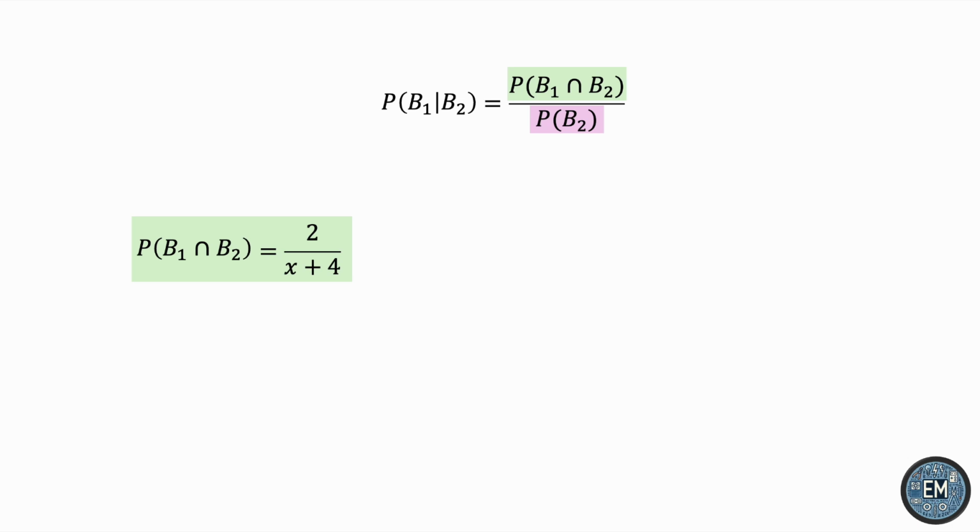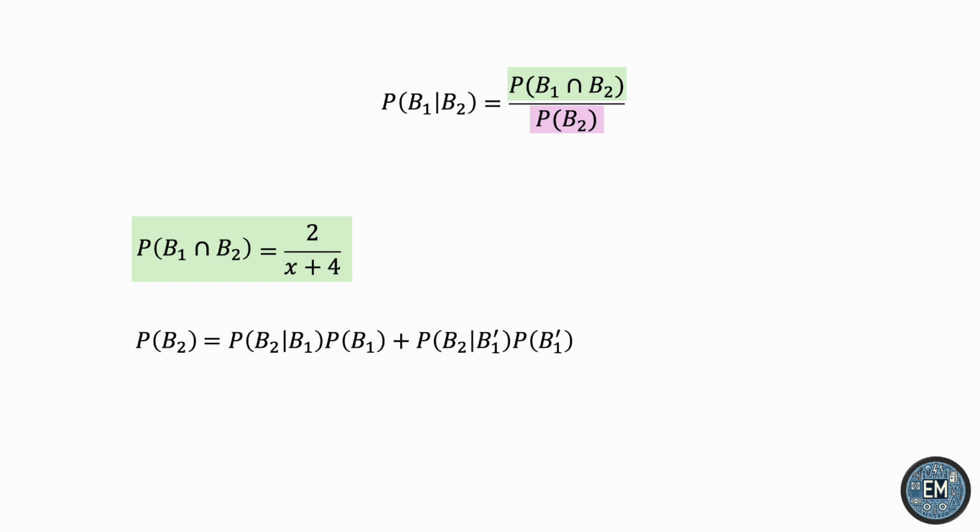To find the denominator, the probability of B2, we'll use the law of total probability. Selecting a boy on day 2 could either happen with the child born on day 1 being a boy, or with the child born on day 1 being a girl. So exhausting those 2 possible options, we'll have the sum of these 2 intersections. And we'll use the formula of conditional probability for each case.